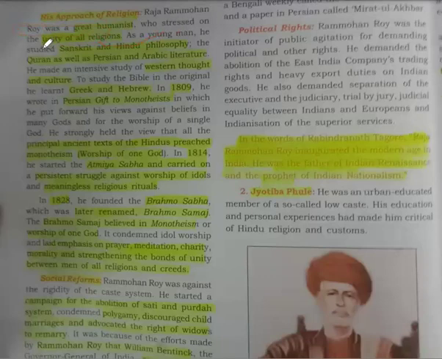As a young man, he studied Sanskrit and Hindu philosophy, the Quran, as well as Persian and Arabic literature. He made an intensive study of the Western thought and culture. To study the Bible in the original, he learned Greek and Hebrew.